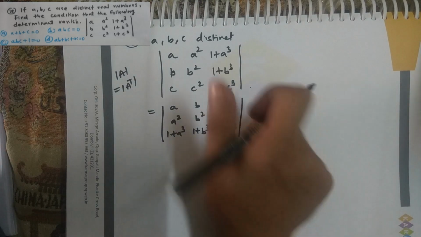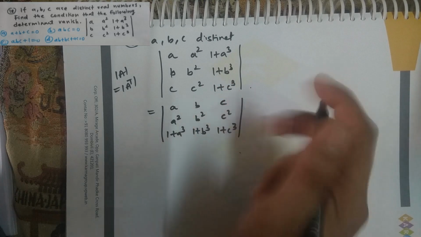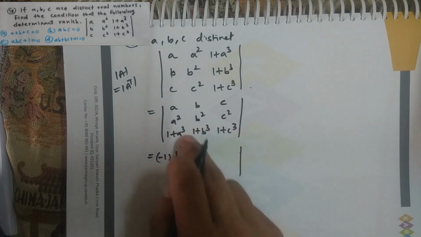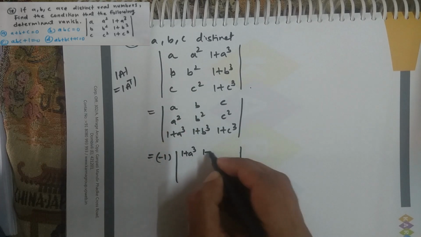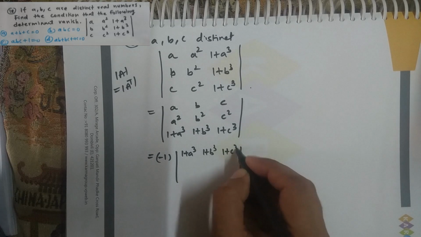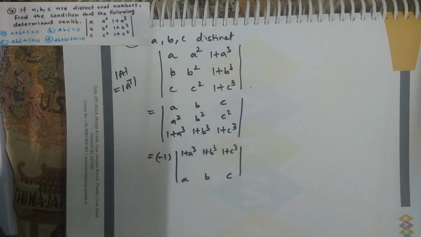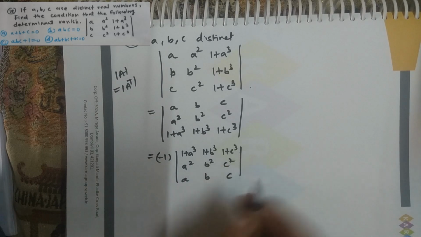If I interchange rows, my determinant will change by a minus sign. So this is the same as minus 1 times the determinant. If I interchange the first and third rows, I'm going to get 1 plus a cube, 1 plus b cube, 1 plus c cube, and this first row will come to the third place, and the second row will be unchanged.